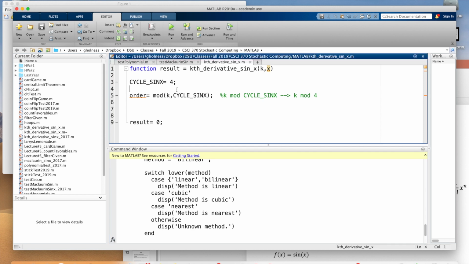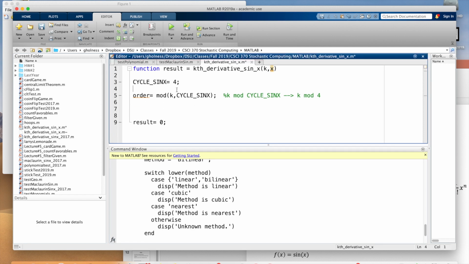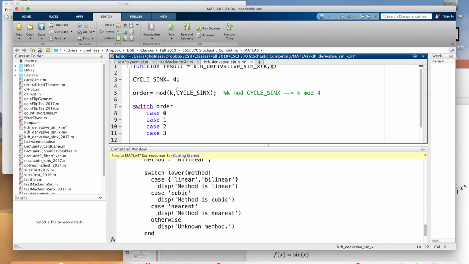Let's write switch order, case 0, case 1, case 2, and case 3. We're not going to have a default because it's definitely one of these.